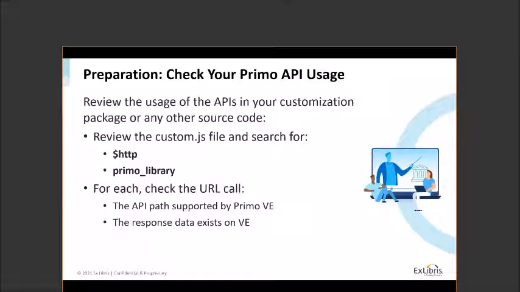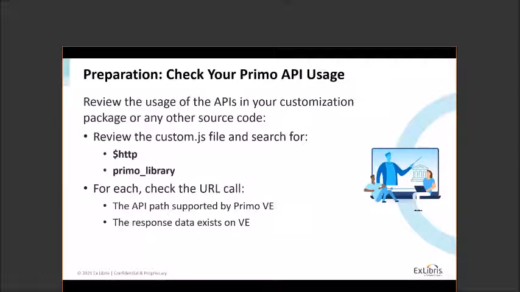Inside the custom JavaScript file, you should look for two parameters. One is $http, which is the Angular implementation method, or you may use another equivalent method, and the other is primoLibrary. For each one of these two parameters, you should check the URL.